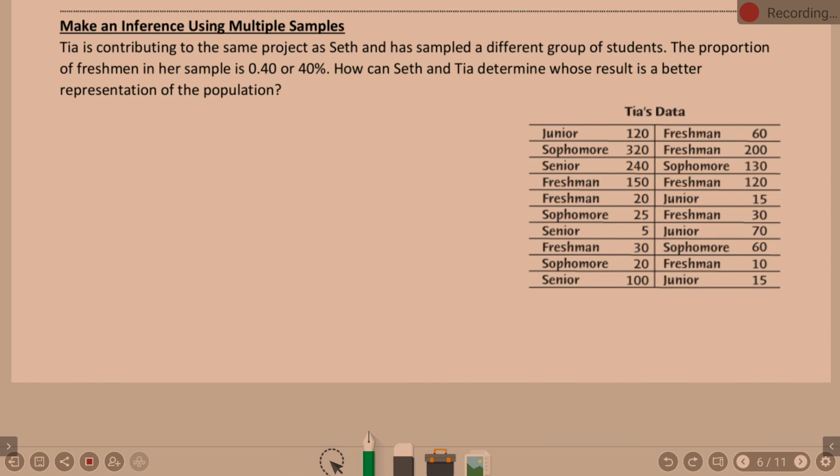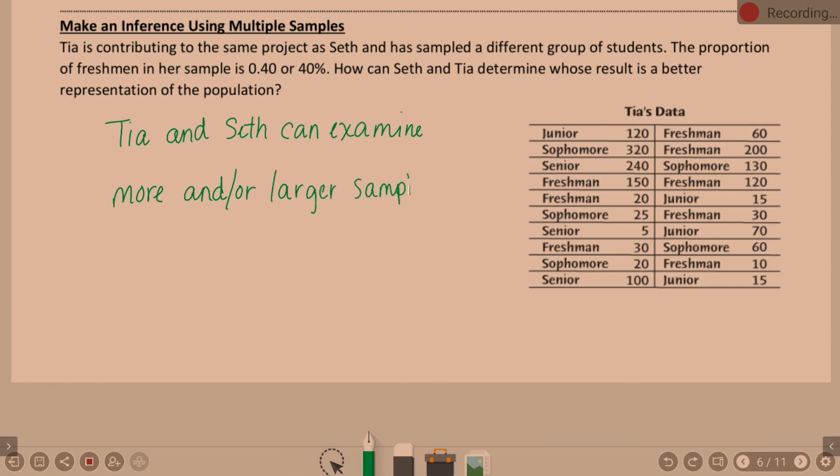Okay, so I have something written along those lines.